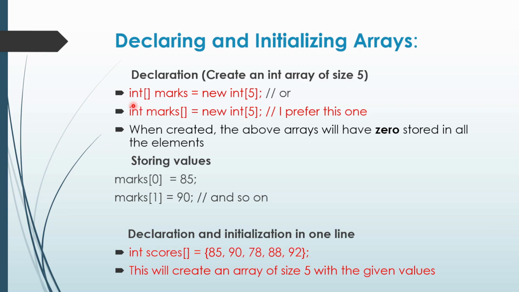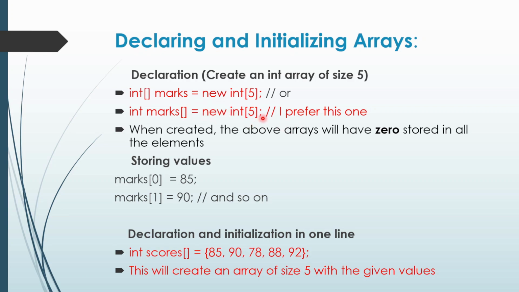Now I can use the same statement in a different way. I can write int marks[]. Instead of writing the square brackets with int, that is with the data type, I have done it with the array name. I prefer this one, and in fact you should also be using this one. Is equal to new int[5].